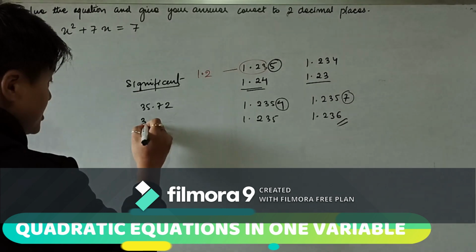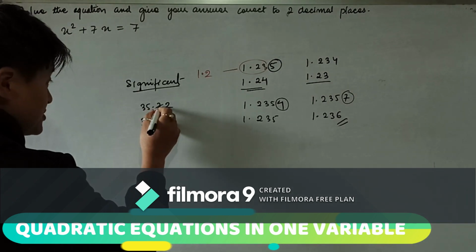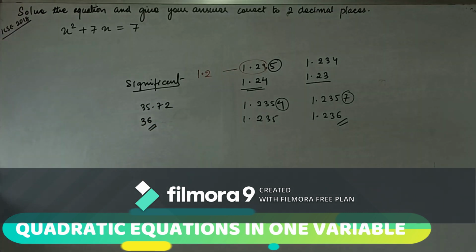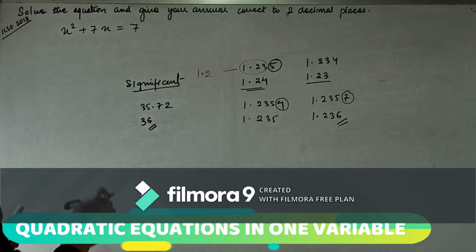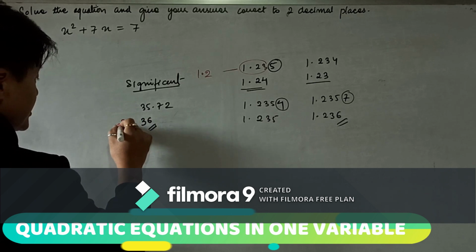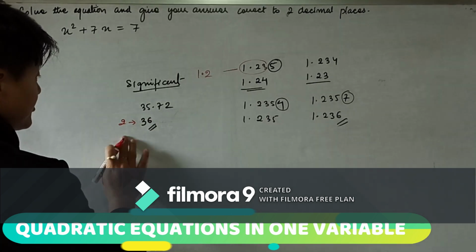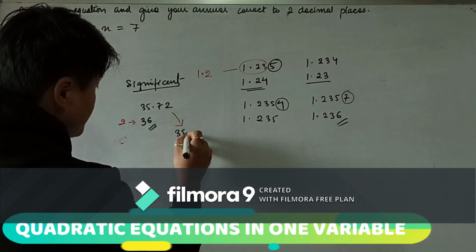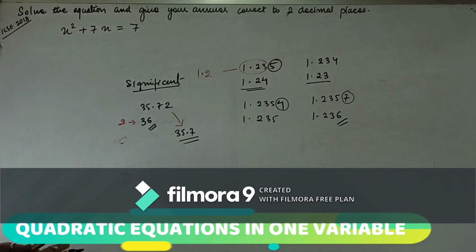We write 3, and because the next number is more than 5, 1 is added, so 36 will be the answer. If it says 3 significant figures, then it will be 35.7. This is the answer for 3 significant figures.